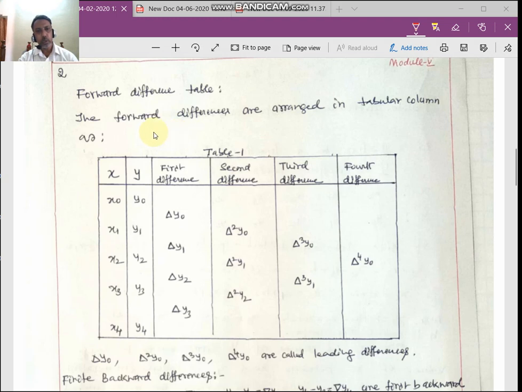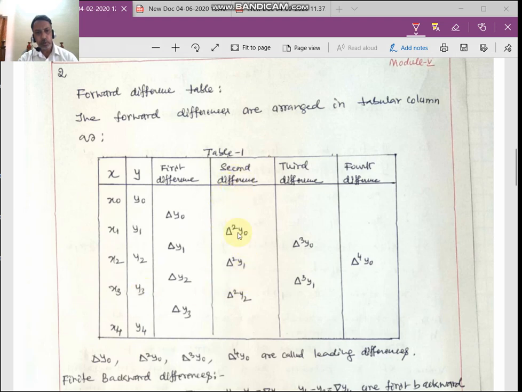Now let us see how to construct a difference table. Let us write the x and y values in the first two columns, x0 to x4 and y0 to y4. In the first difference column, Δy0 is obtained by the difference of y1 minus y0, Δy1 is obtained from y2 minus y1, Δy2 is obtained from the difference of y3 minus y2, and also Δy3 is obtained by the difference of y4 and y3.